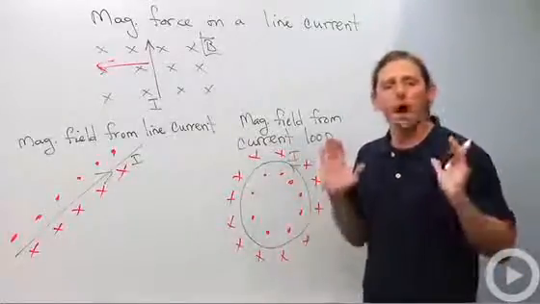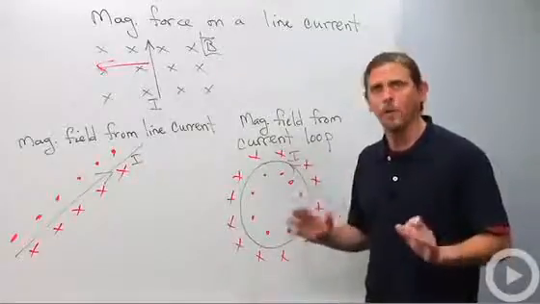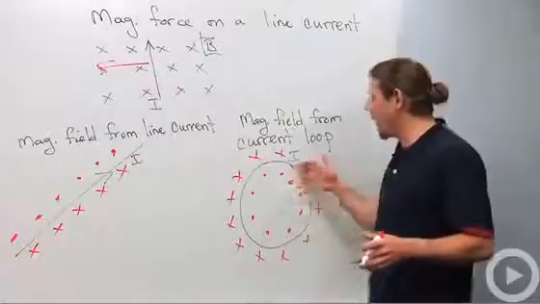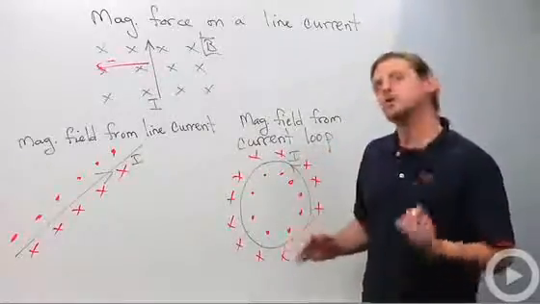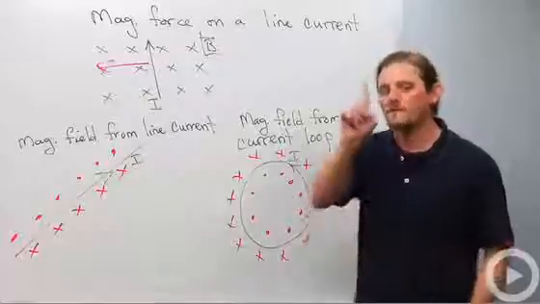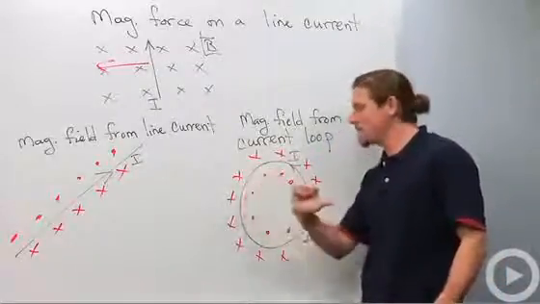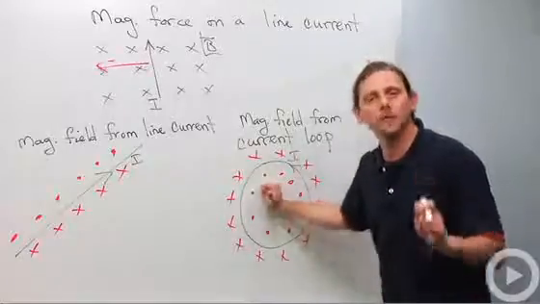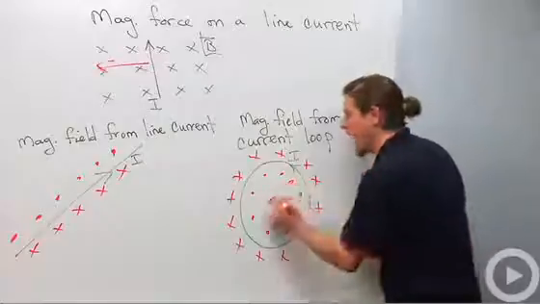Well, because we'll apply the right-hand rule in a slightly different way here. Okay? You don't have to do this. You can always do it the other way, but sometimes it's more useful to instead put your fingers in the direction of the current, and then your thumb will point in the direction of the magnetic field at the center of the current loop, out.